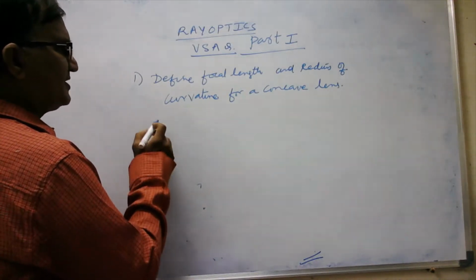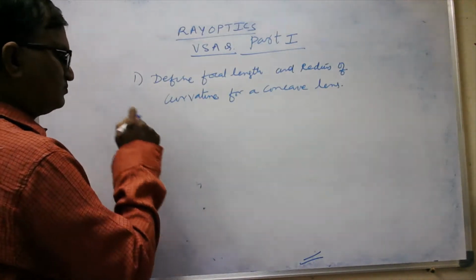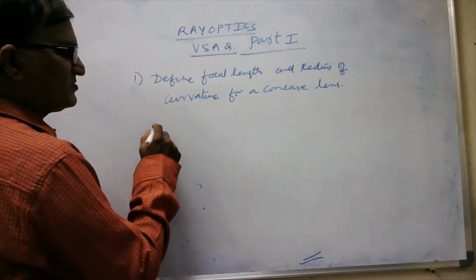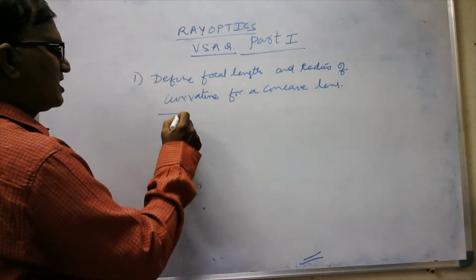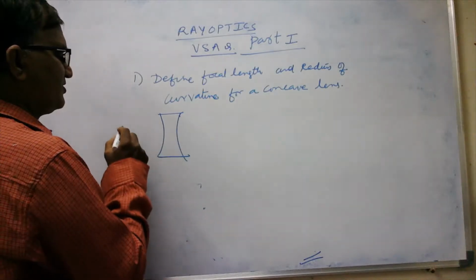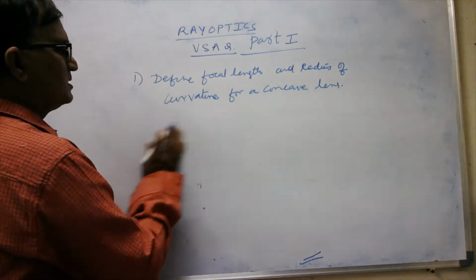For a concave lens, the rays appear to diverge from that point.